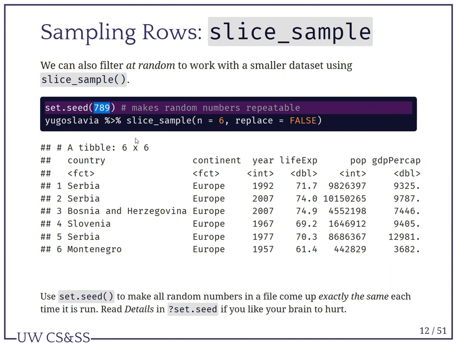A lot of people will just pick one so that it's really easy for everyone to use it when they try to run their data again. So the number is just to say this is the random draws that we're going to use.